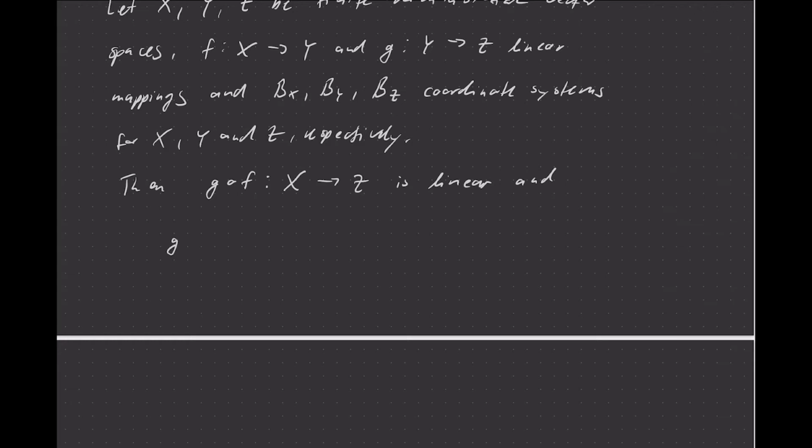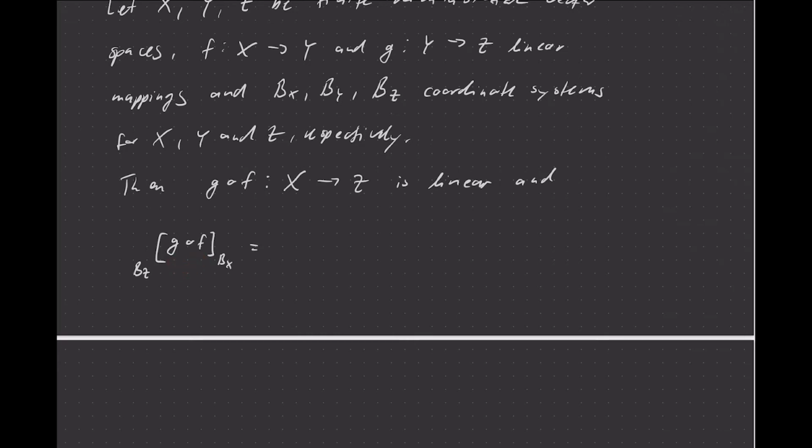Now, if you want to have the matrix representing the composition of G and F with respect to these two coordinate systems, Bx and Bz, we can obtain that using the matrices that represent F and G. And basically, that new matrix can be obtained as a matrix product of the old matrices, where the order of the matrix product is the same as the linear mappings here.